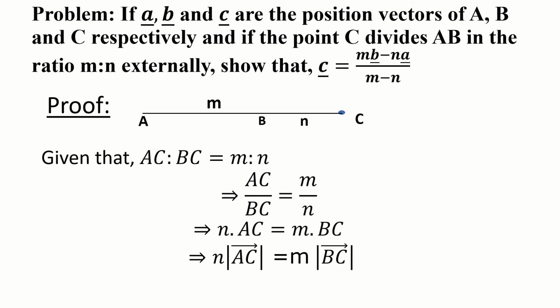So we can write AC equal to absolute value of AC vector and BC equal to absolute value of BC vector. As the direction of AC and BC are same, after omitting the absolute value, we can write n of AC vector equal to m of BC vector.